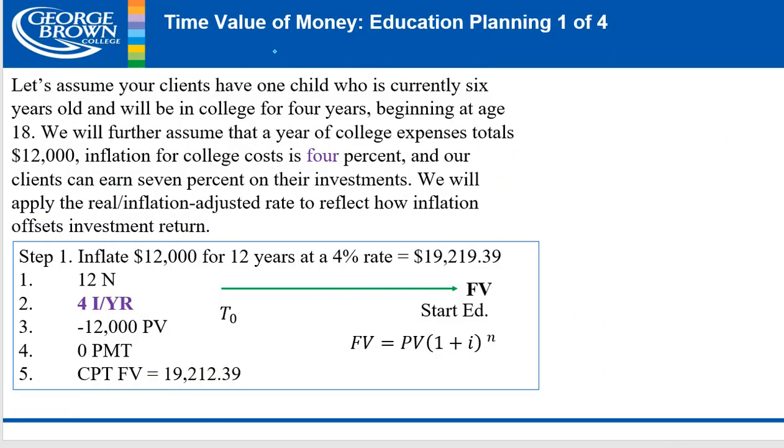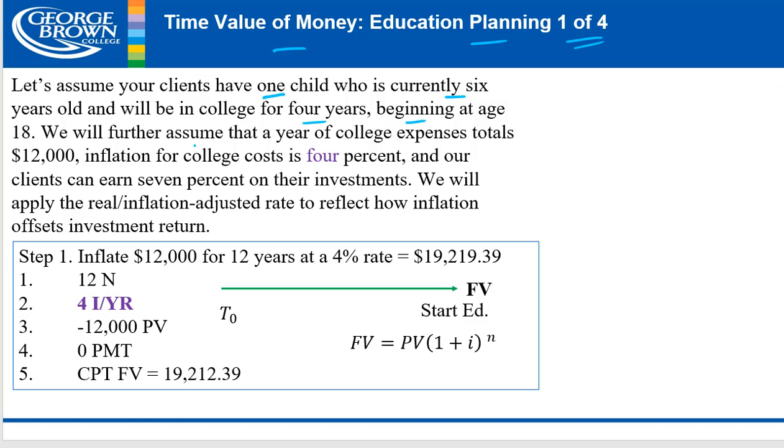Okay, so time value of money is the focus, education planning. This is the first of 4 slides. We're going to be looking at this little scenario. Let's assume your clients have 1 child who is currently 6 years old today and will be in college for 4 years, but that's not until the future, beginning at age 18.